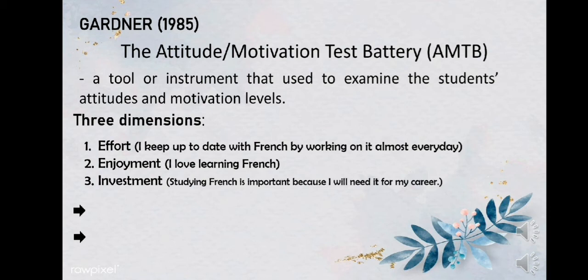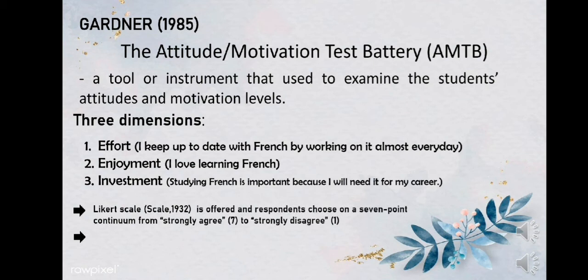For any given statement, the use of the Likert scale, by Likert 1932, is offered, and respondents choose on a 7-point continuum from strongly agree, which gets scored as 7, to strongly disagree, which gets scored as 1.